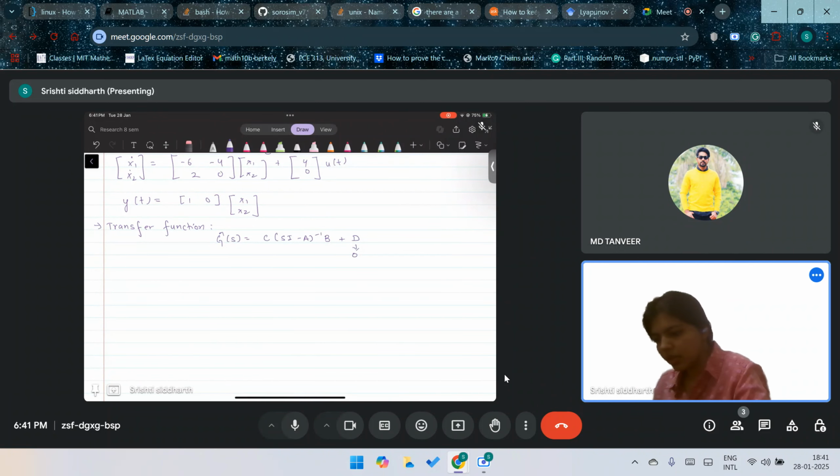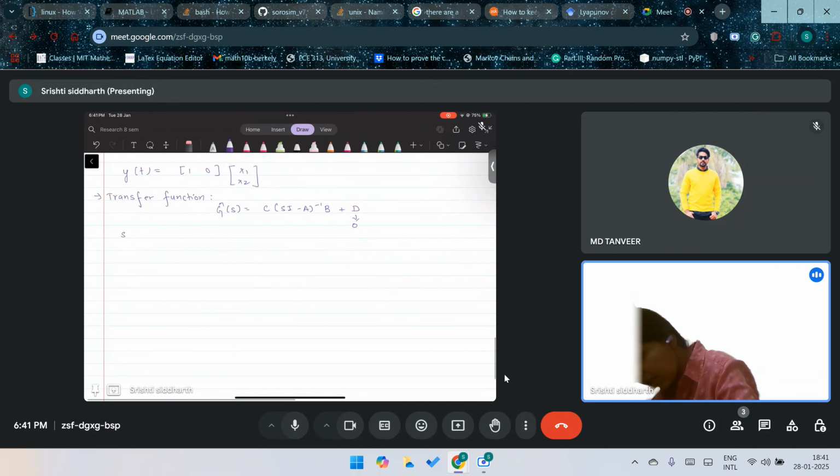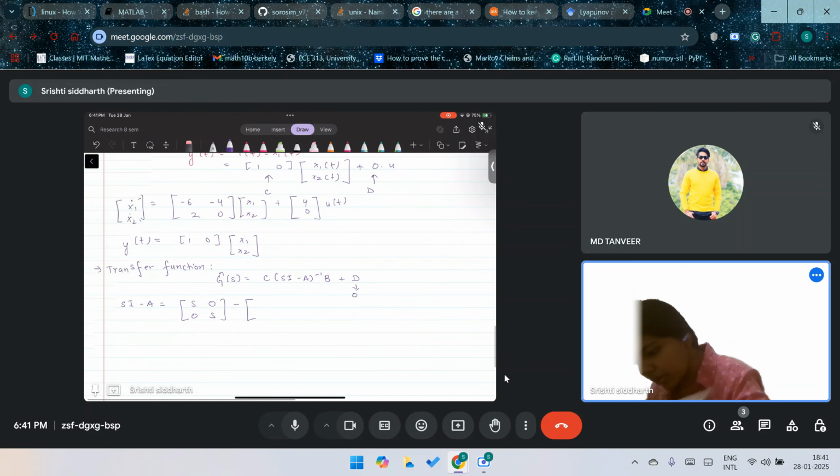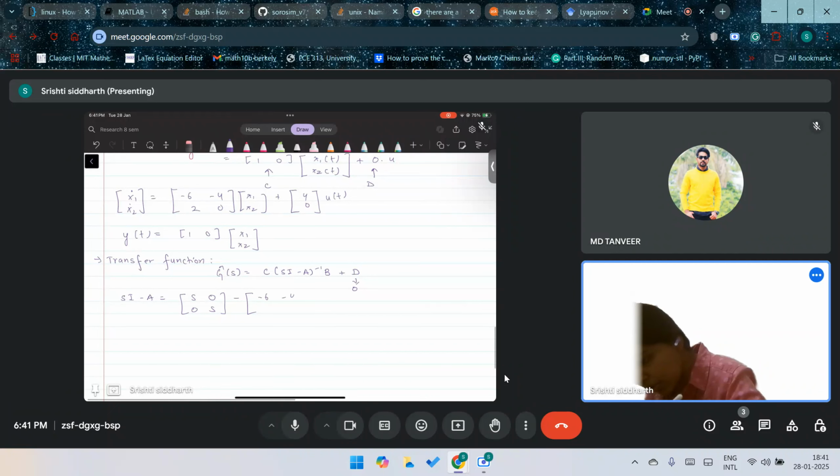So let's find out the inverse of this matrix. So sI minus A is, A matrix is minus 6, minus 4, 2, 0. This is s plus 6, 4, minus 2, and s.